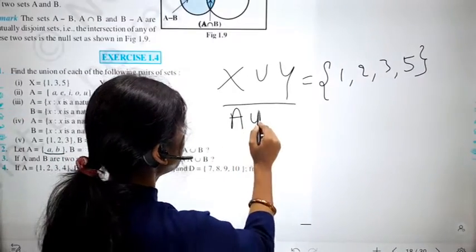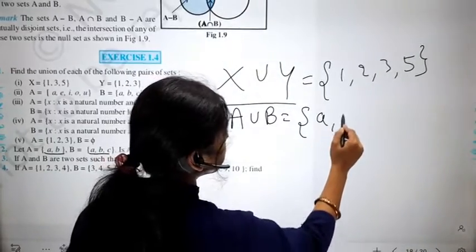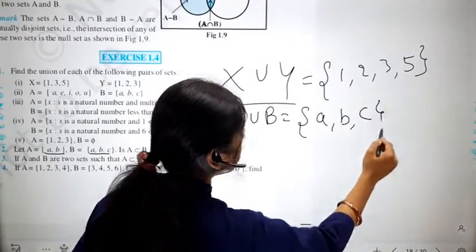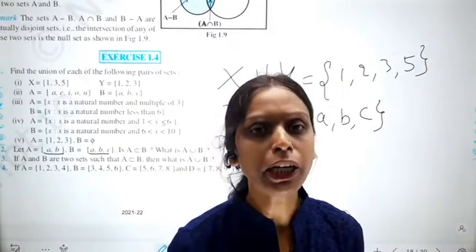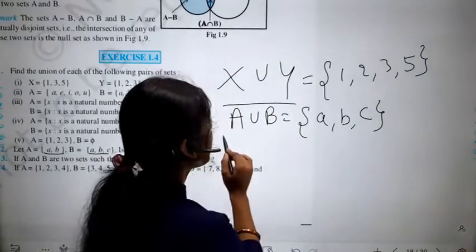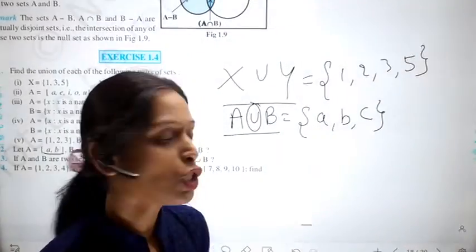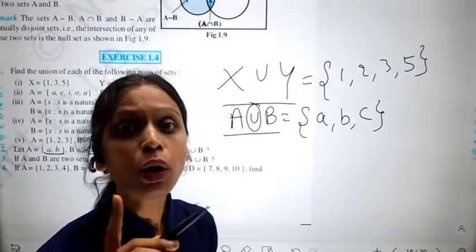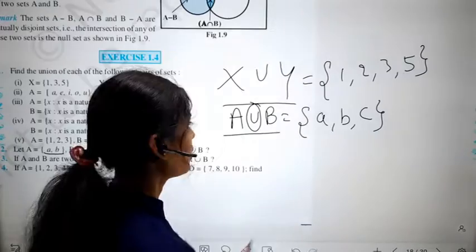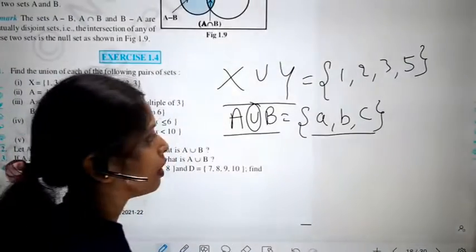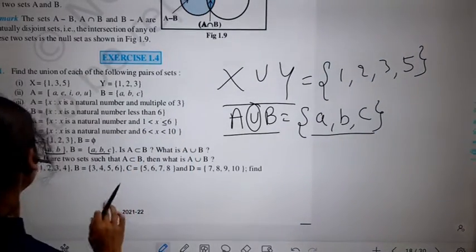A union B will be {a, b, c}. Whenever you do a union operation, be careful not to repeat an element two times. That's why we write A union B in such a form.